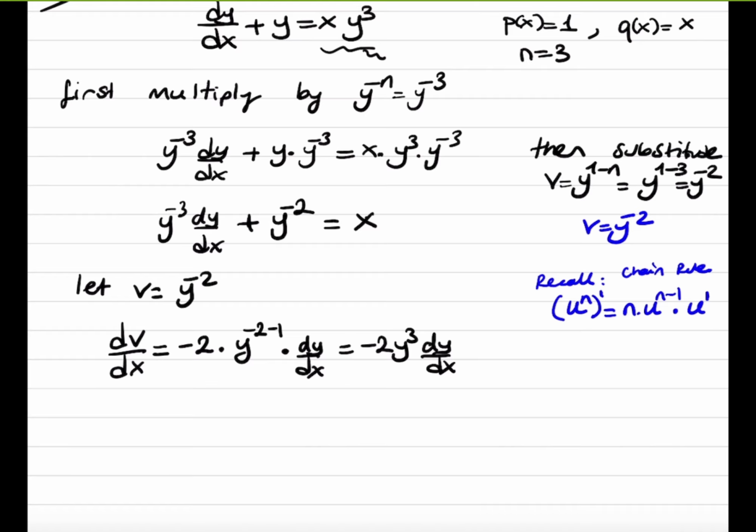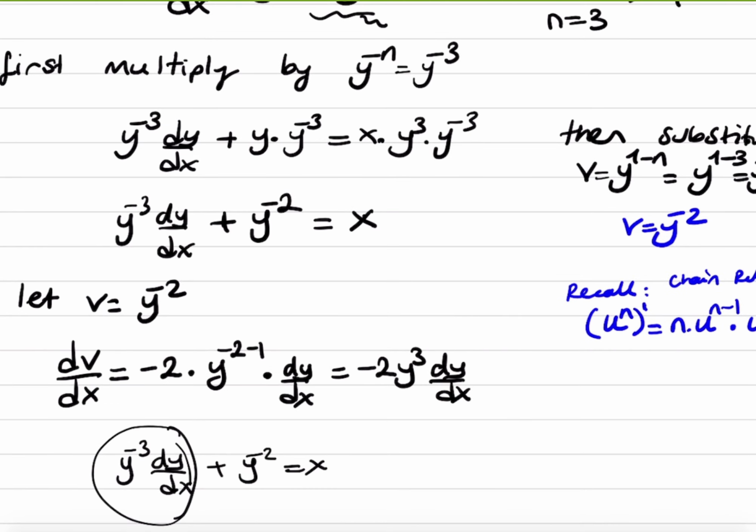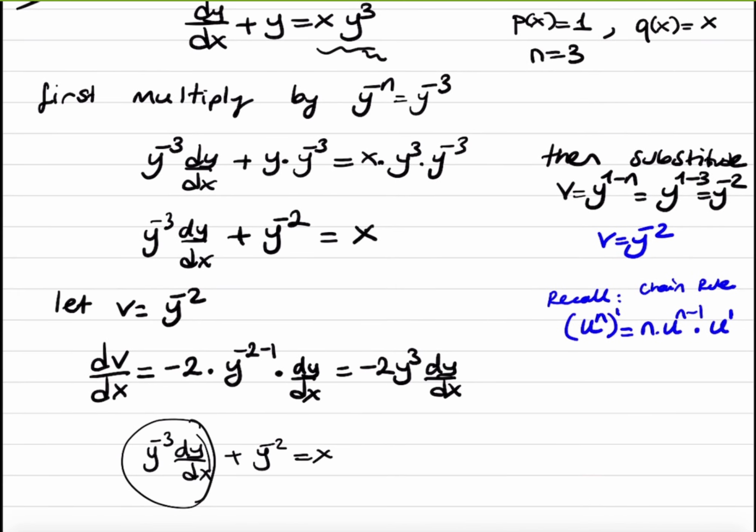Let me write the equation again: dy over dx plus y to the power minus 2 is equal to x. And from here we have y cubed dy over dx is equal to minus 1 over 2 dv over dx, right?